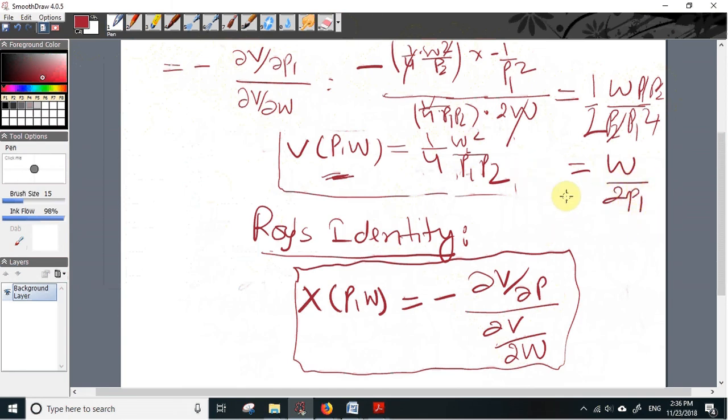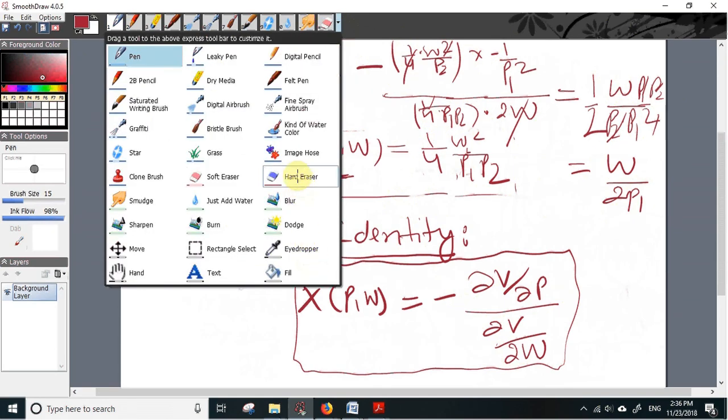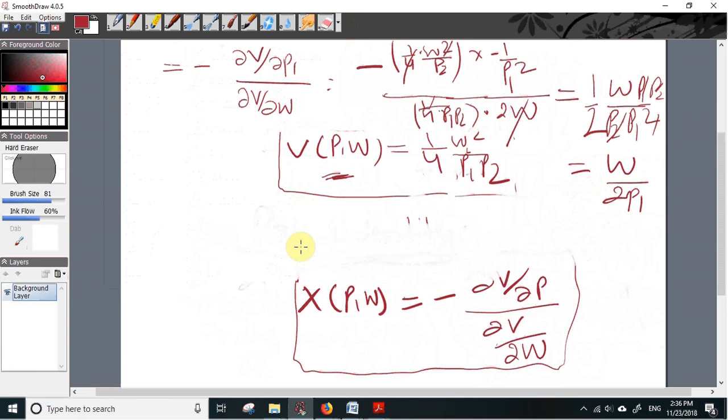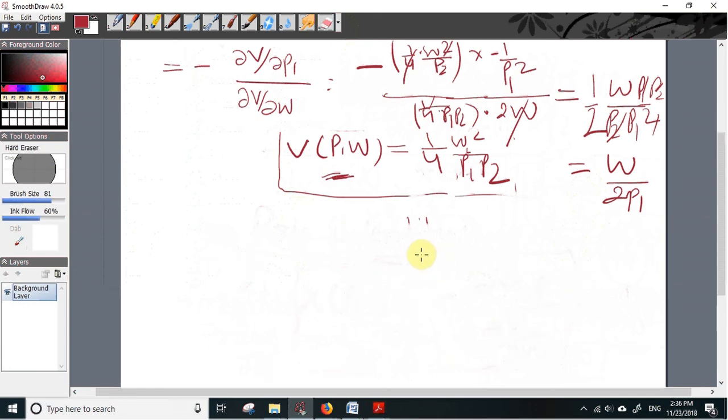This is nothing but the Marshallian demand function we derived a few minutes ago, the Marshallian demand function for the first commodity x1(p,w).